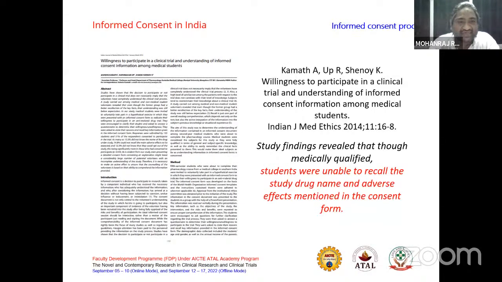The very first example I put forward is research performed by Atal on willingness to participate in a clinical trial and understanding of informed consent information among medical students. While this is not a study in a population of illiterate, poor, or low socioeconomic people, this is with educated people, who are medical college students.